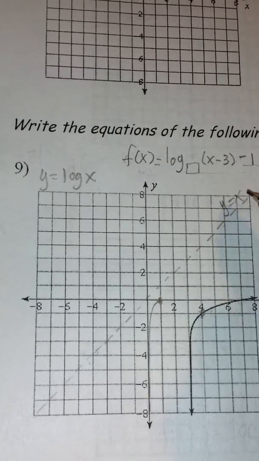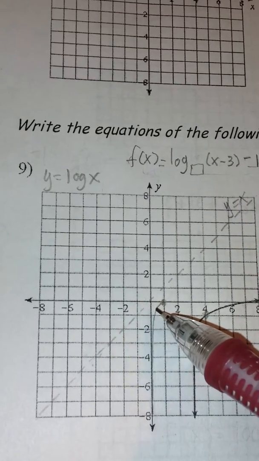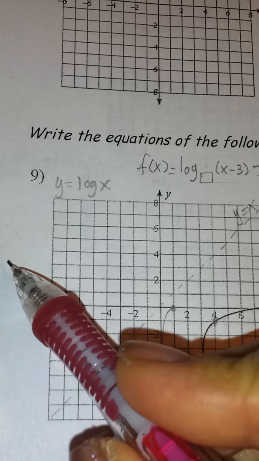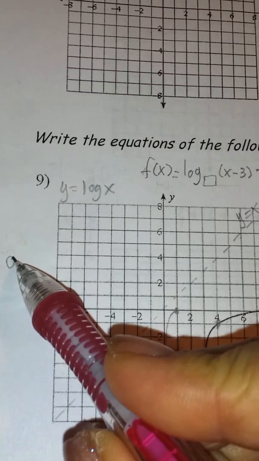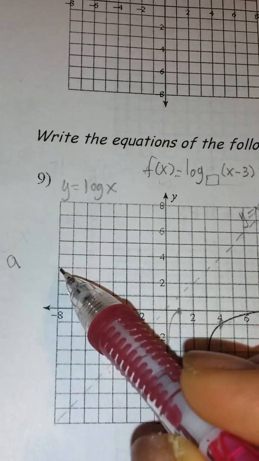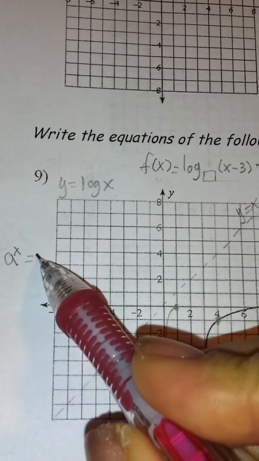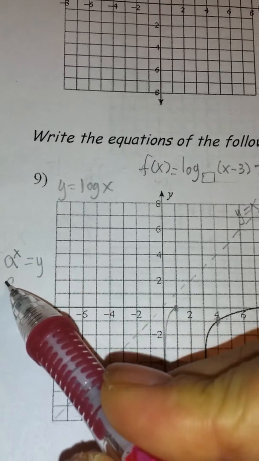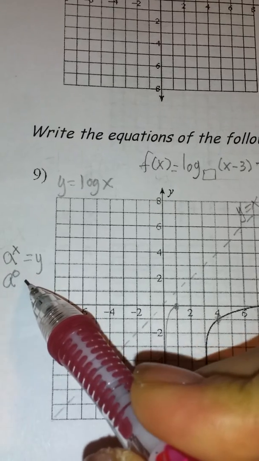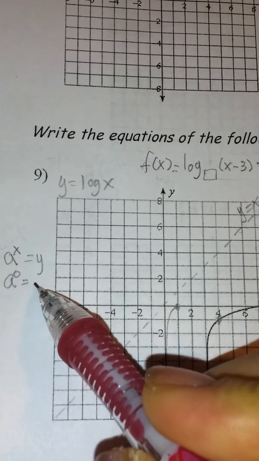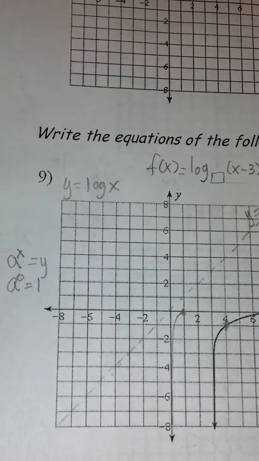The reason we're going to look at the reflection of it is because I want to take a look at the exponential function, where we have a to the x equals y. If a is raised to the 0 power, anything raised to the 0 power is going to give us 1.